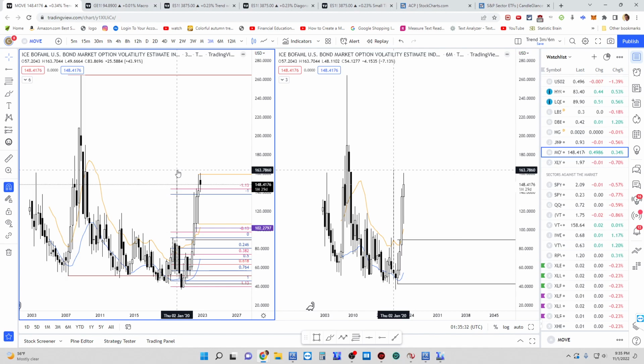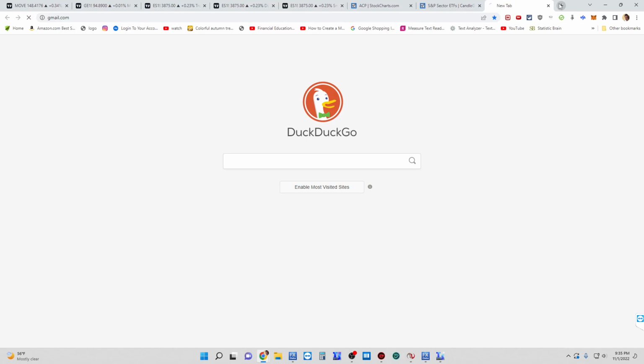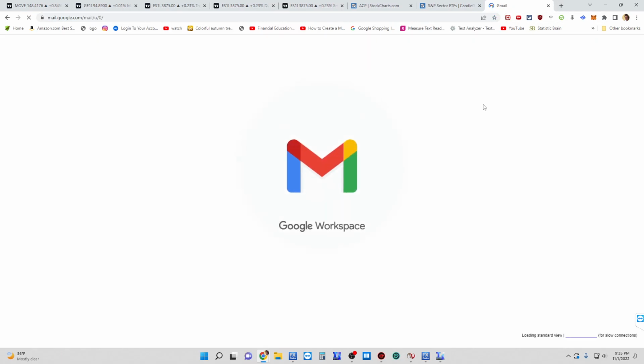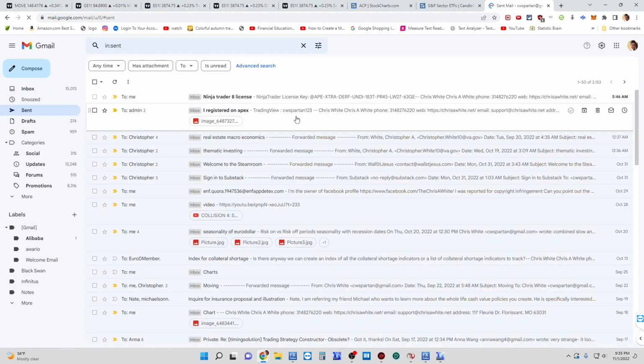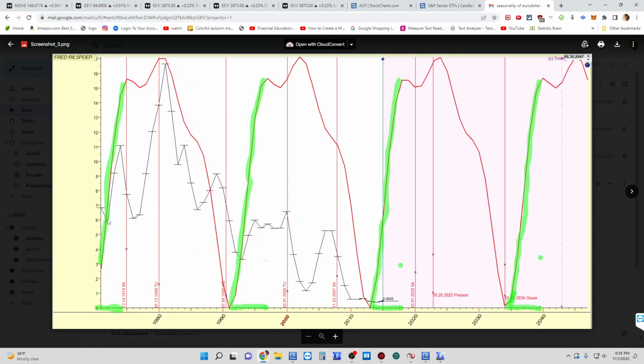And if I were to talk about just my findings on the Eurodollar futures on the big time frame, it's this thing right here. So this is the big macro cycle. We can see, based on the Eurodollar futures, when it's inverted.